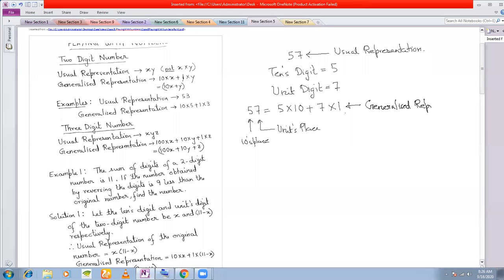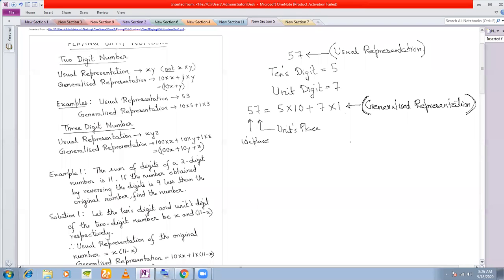In order to work with digits, we use the generalized representation. We cannot work with digits in the usual representation. We will only work with digits in generalized representation.